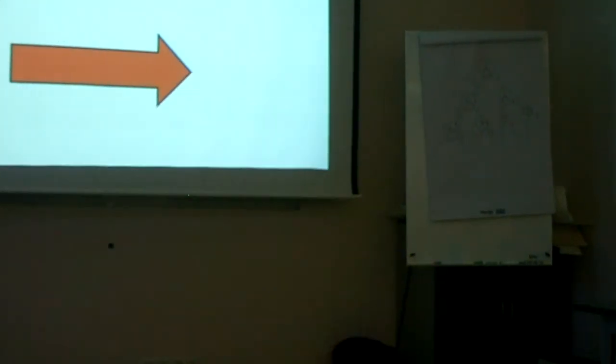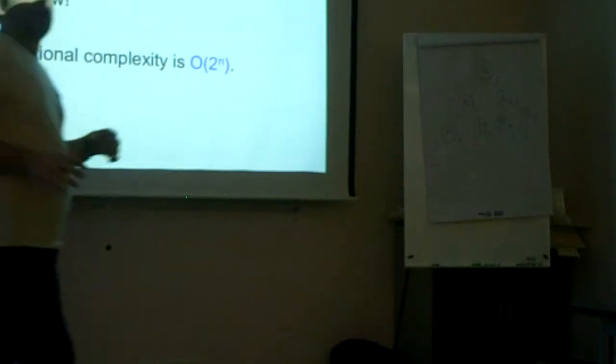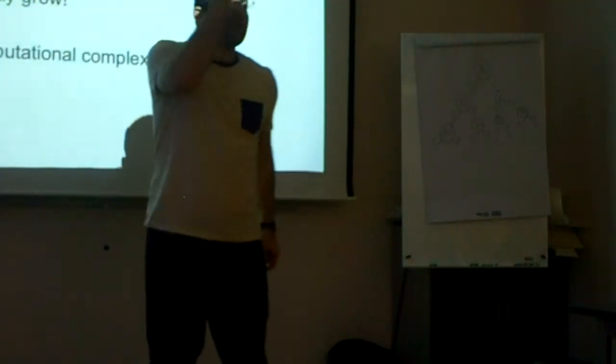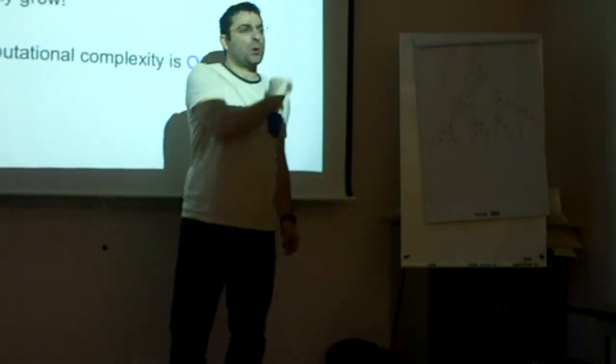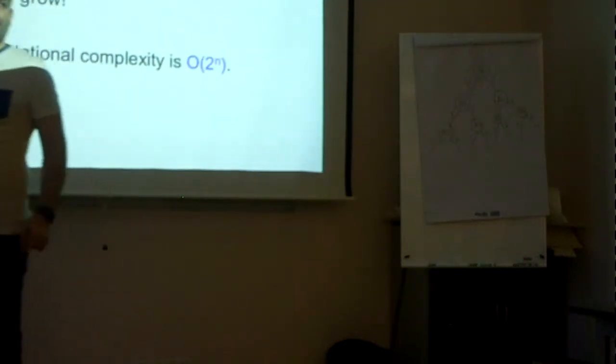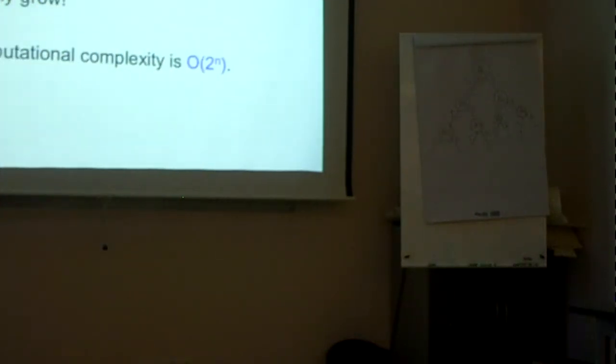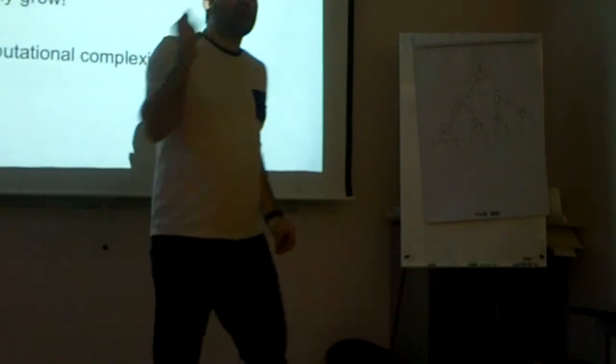It seems that if I have n attributes, I need 2 to the power n minus 1 nodes, right? Is it linear? 2 to the power n. It's not linear, and the number of nodes that we have is 2 to the power n minus 1.